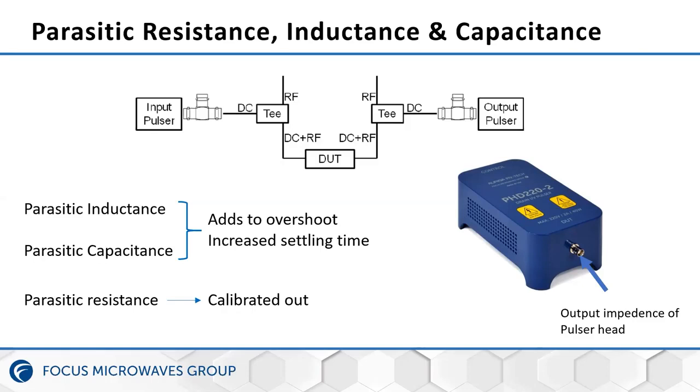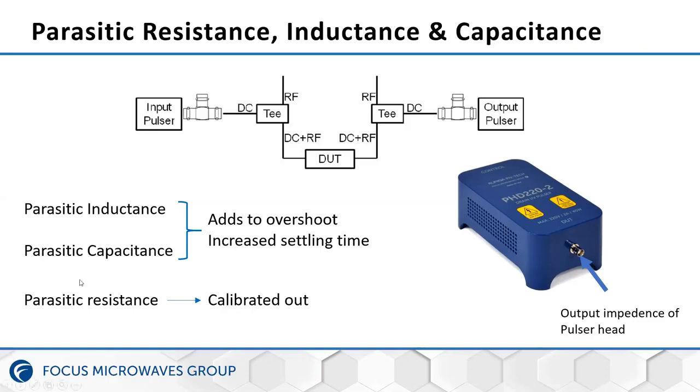But this does not affect your measurement, because all this offset is happening much before the measurement circuitry. Whatever is measured by the digitizer is basically the true voltage that is set at your measurement reference plane, or your DUT reference plane. So this offset does not affect your measurement.